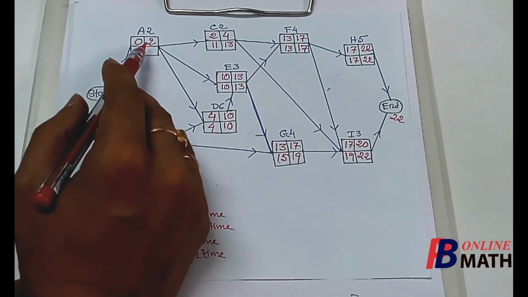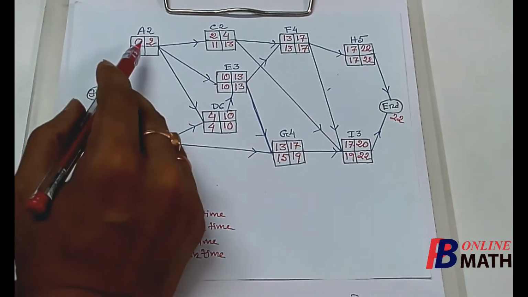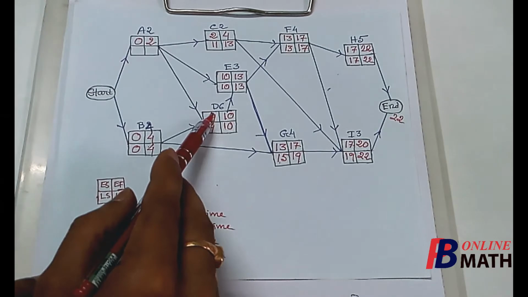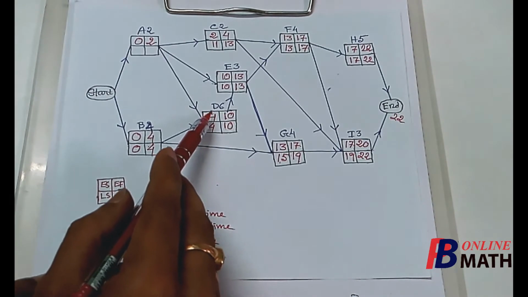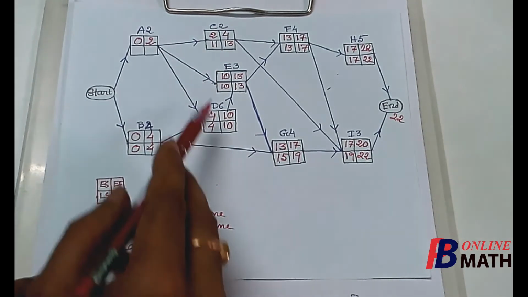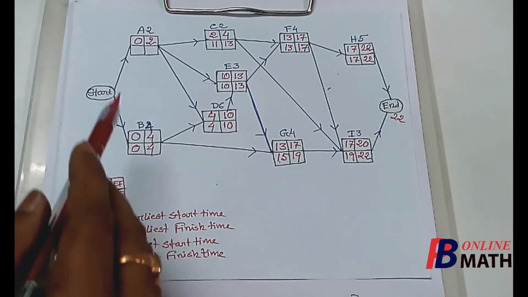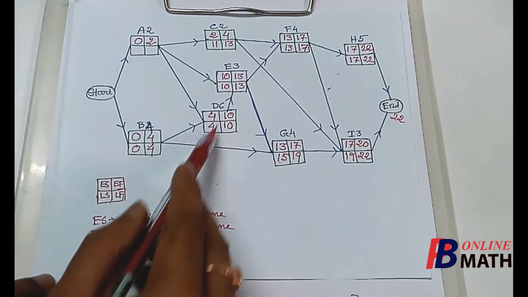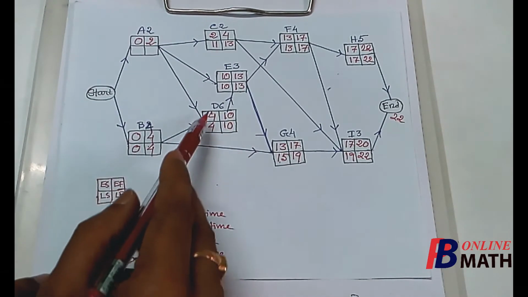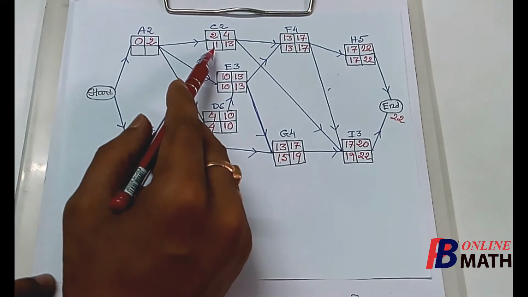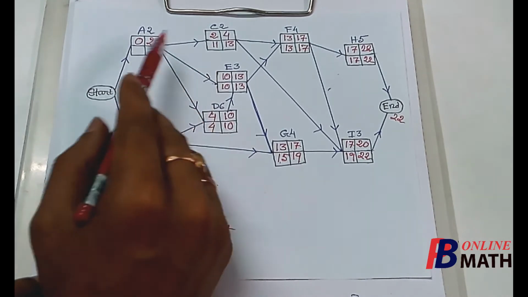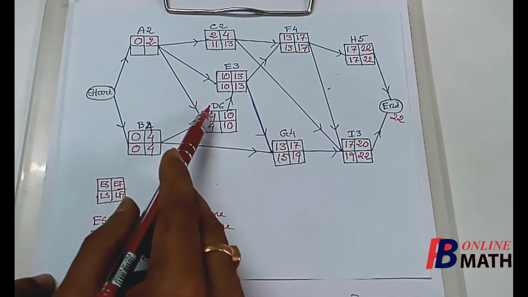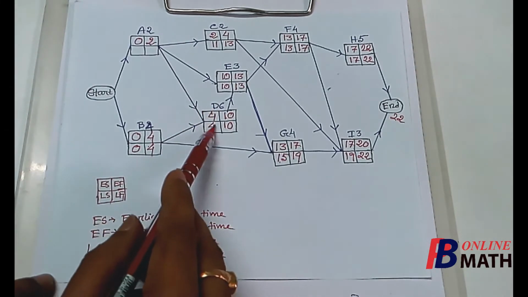Now we consider the final activity A. Now here we find that these three activities C, E and D can be started only if the activity A is completed. So we must complete the activity A such that we can start these three activities. Now here we find that the activity C can be started latest by 11 days, the activity E can be started latest by 10 days, but the activity D must be started within 4 days.